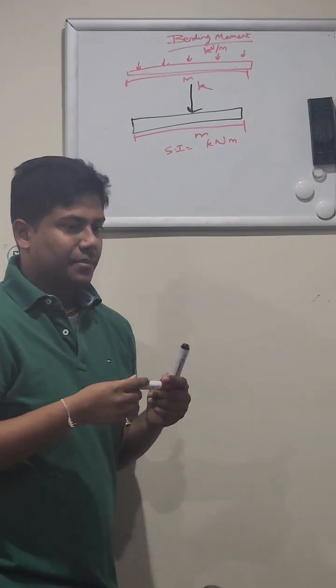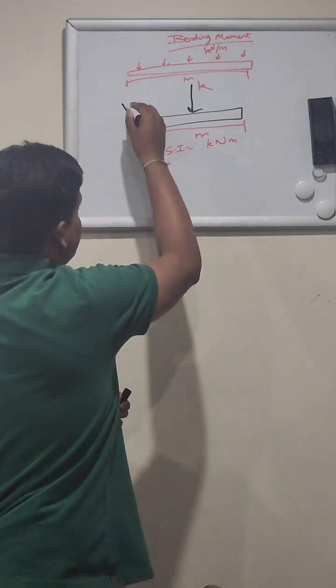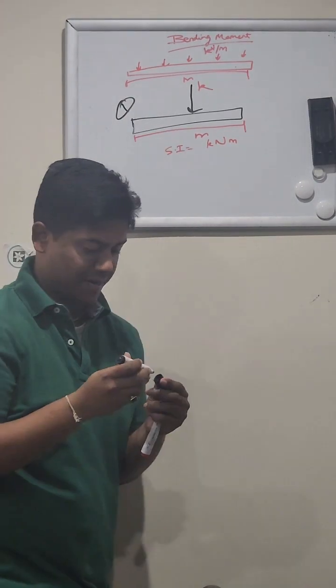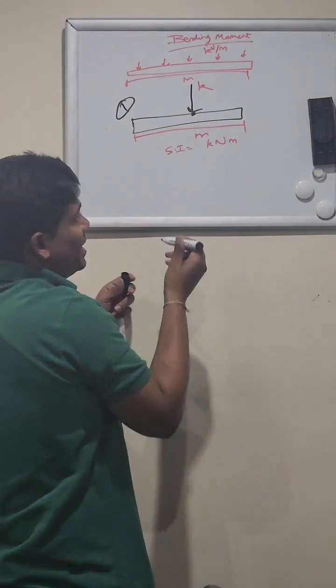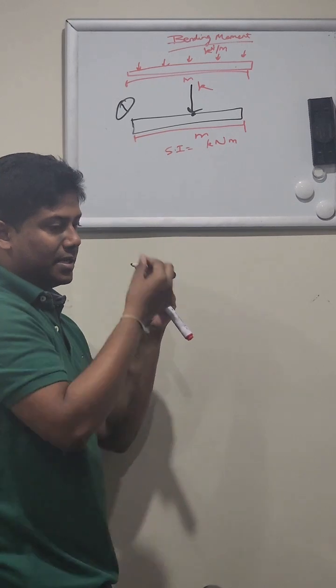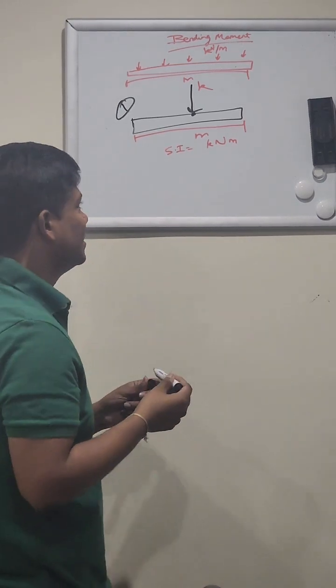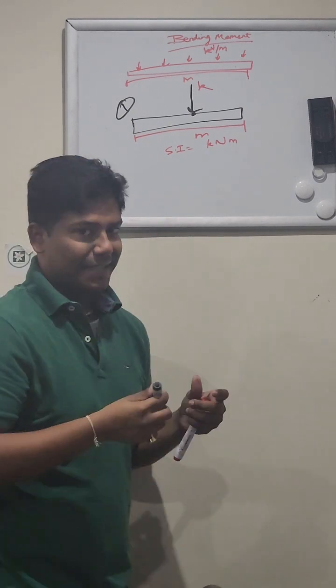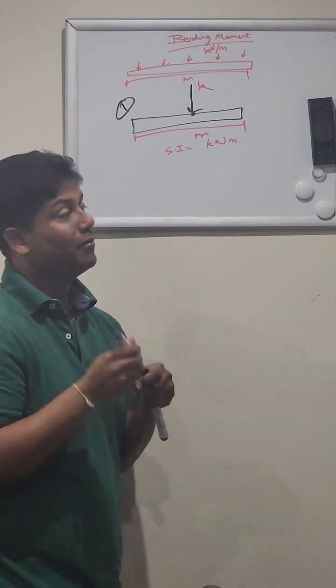Now, if it's a point load, which is this scenario, at this point my bending moment will be the highest, because remember, wherever the force is applied, there's going to be a moment. With force comes a moment. So the formulas come into play for this.